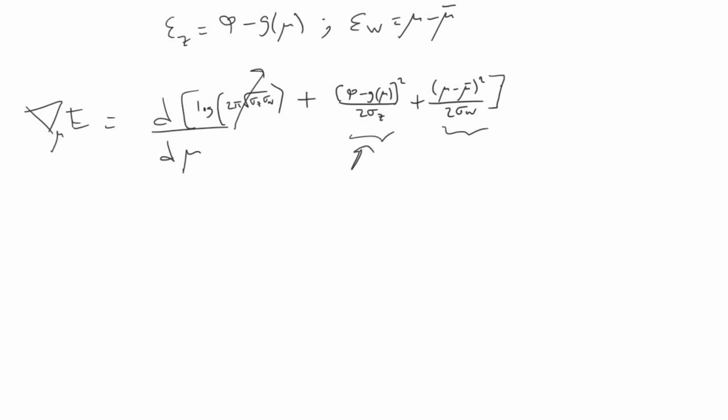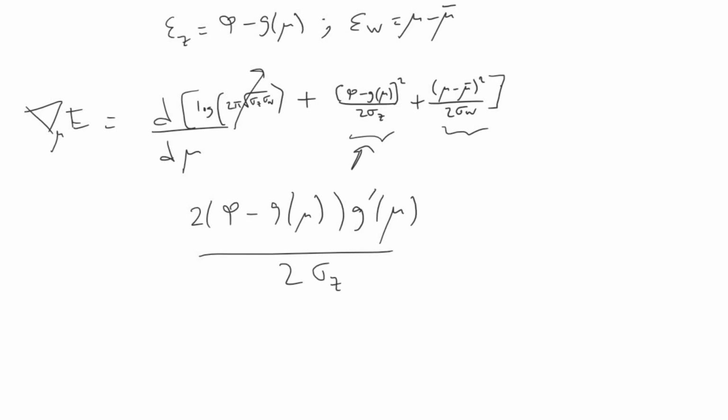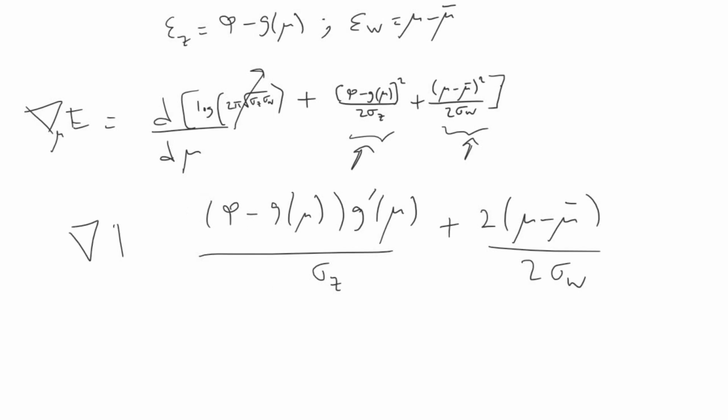For this term here, the derivative is going to look like this, just via the chain rule. So these cancel out, and you get this expression, plus the derivative. Now I'm going to take the derivative of this, and it's just that.